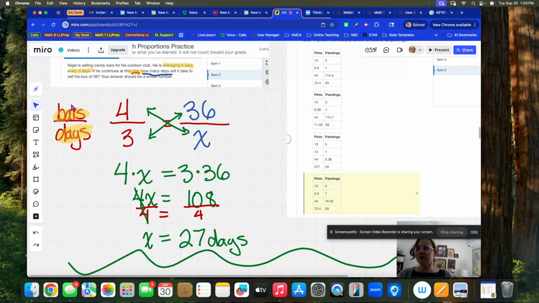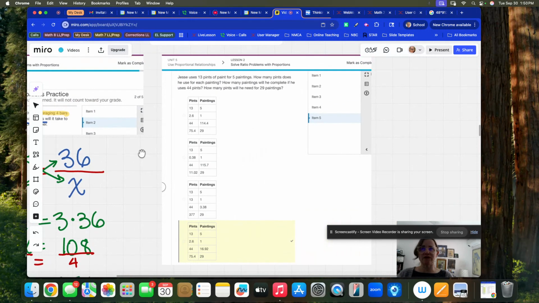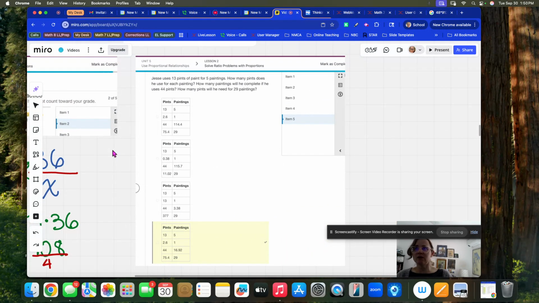All right, let's look at this other part, which is a quick check problem. This is item 5 from your quick check. I wanted to show you this because it relates to the idea of tables that we covered in our last unit on ratio and proportion. And so here we have Jesse. He uses 13 pints of paint for 5 paintings.